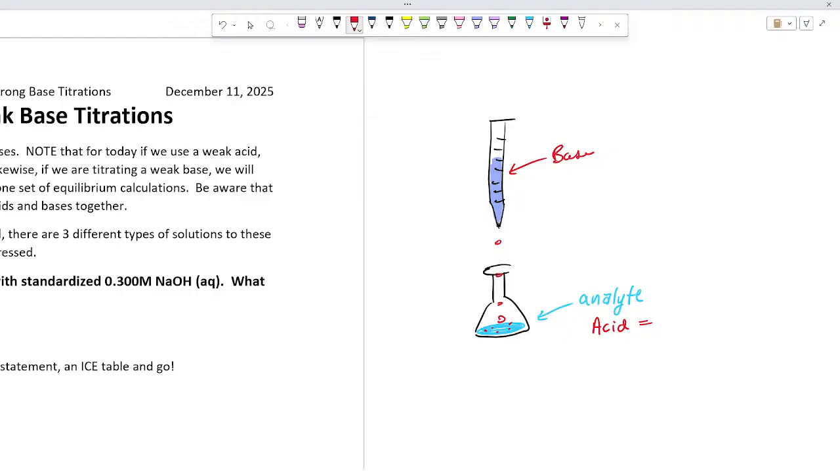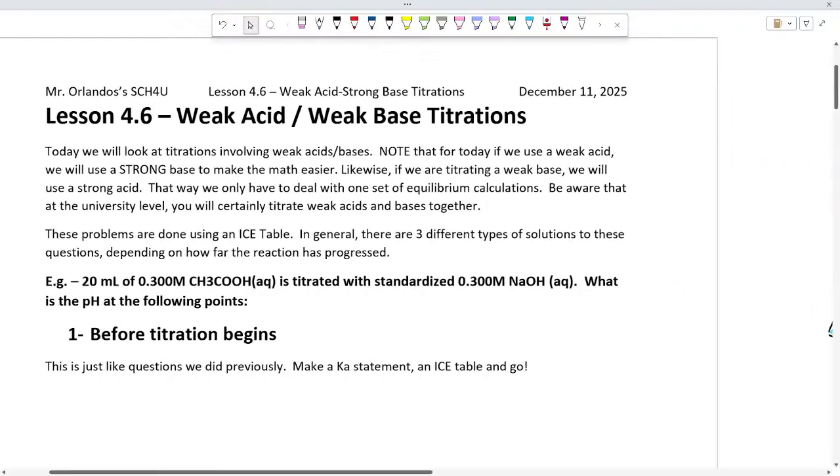With a strong acid and a strong base, the equivalence point would be the point of neutrality, and at that point, it'd be pH 7. With one more little drop of base, the pH would go over 7, and phenolphthalein would turn pink, and you'd go, okay, titration is done. That was for strong acids and strong bases.